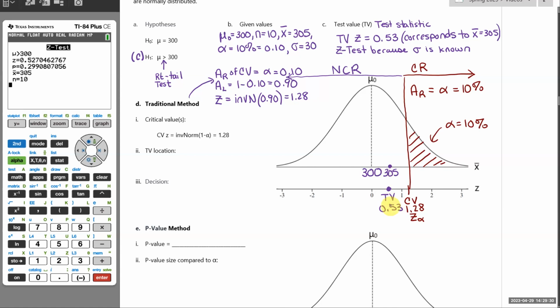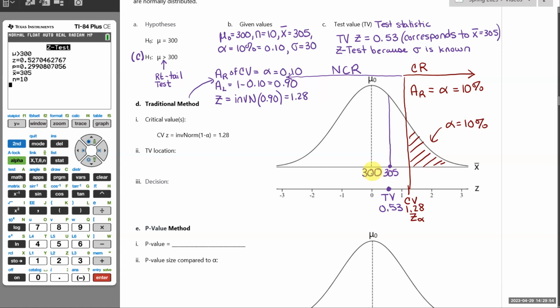So we're getting the test value, so we know where the x bar is, which means that that 305, while it is greater than 300, it did not make it out into the shaded critical region. So it's larger, but not large enough to really make me believe that 300 is incorrect.